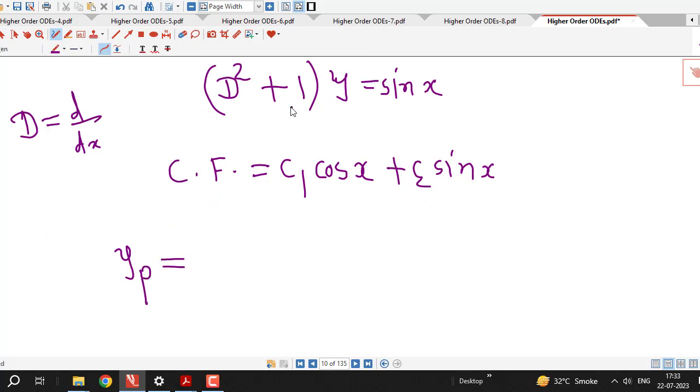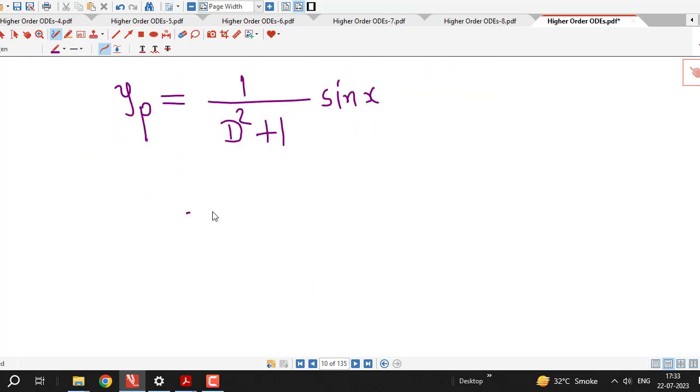So here y will be equal to 1 over D squared plus 1 times sin x, and we know that if we have sin x or cos x as our right hand side, in shortcut methods we are replacing D squared by negative of alpha squared, where alpha is the coefficient of x in sin x or cos x. Here alpha is 1.